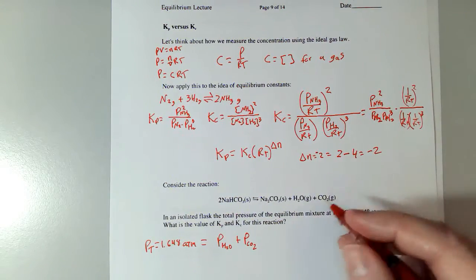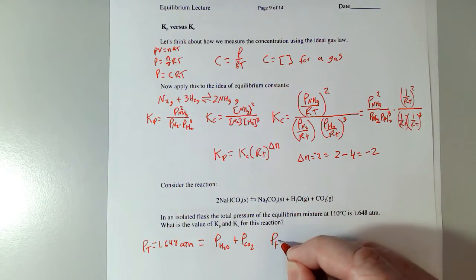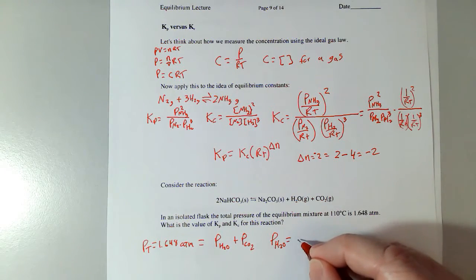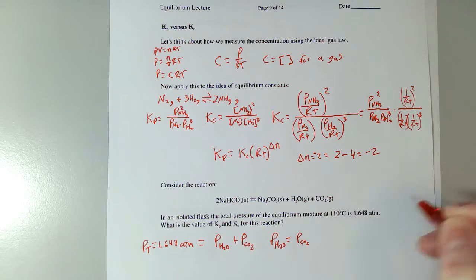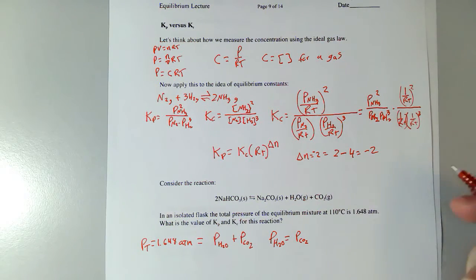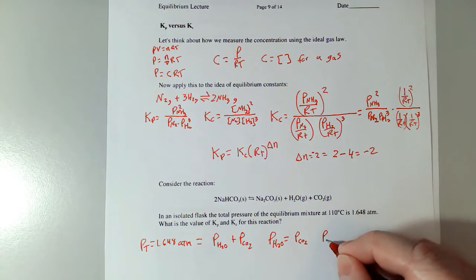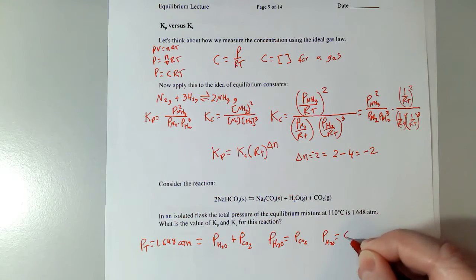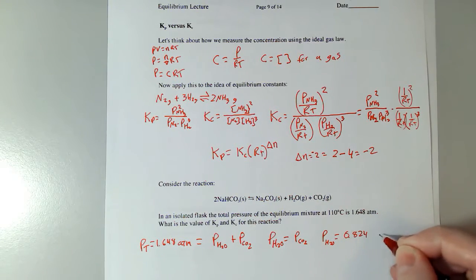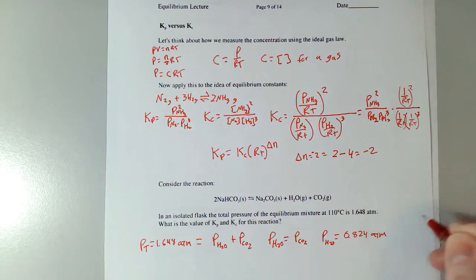Now, since this is a 1-to-1 ratio, I can say that the gas pressure of the water is equal to the gas pressure of the CO2. That pressure for the water equals 0.824 atmospheres.